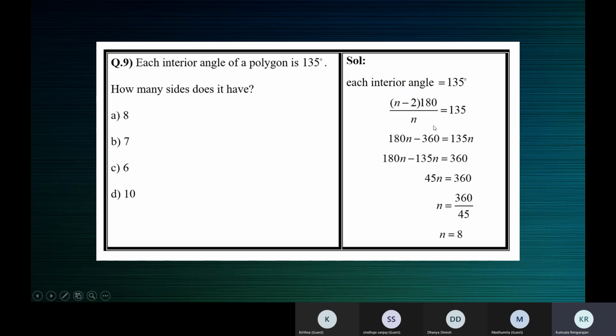So 180n we have here. This 135n is transposed, minus 135n is equal to minus 360 on the other side, plus 360. On subtracting, these are like terms, 180n and 135n. So 45n is equal to 360. n is equal to 360 over 45, n is 8. So it's a regular octagon.